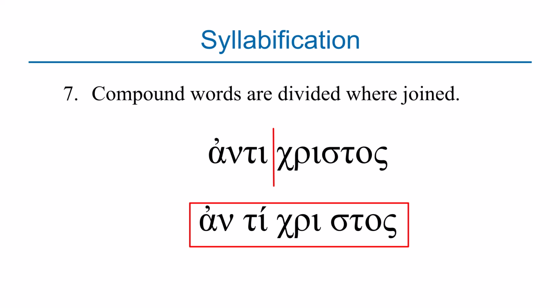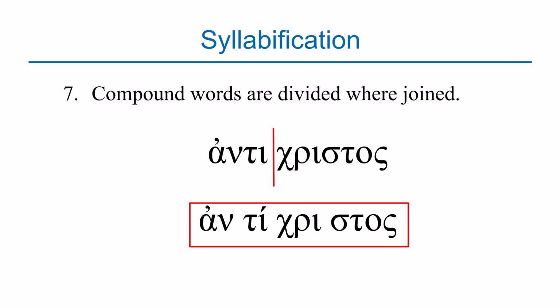And we said consonant clusters, two consonants that are next to each other, that cannot start a word, that cannot be pronounced, must be split. For example, you have nu and tau. Nu is N in English, and tau is T. So you have N and T. N and T cannot be pronounced. They can't start a word. And so because they can't start a word, they must be split.